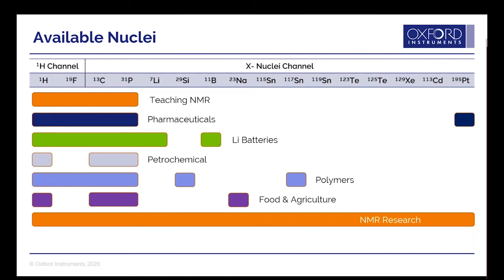You can start to measure the phosphorus and the boron associated with those and quantify it, so you get a much better understanding of your mixtures. And also things like in food and agriculture, you can now measure sodium on the same instrument as carbon and phosphorus, so you can start to think about analyzing things like salt content.